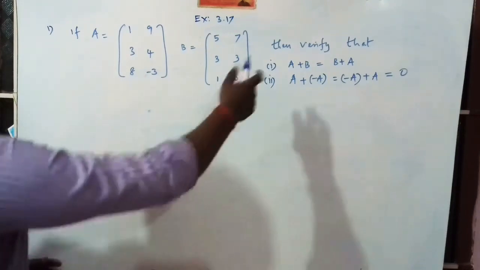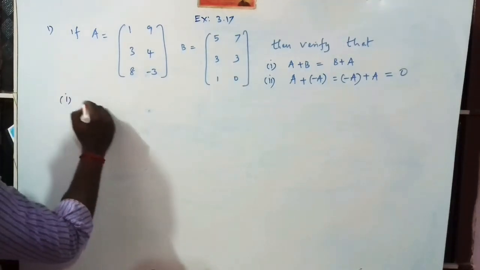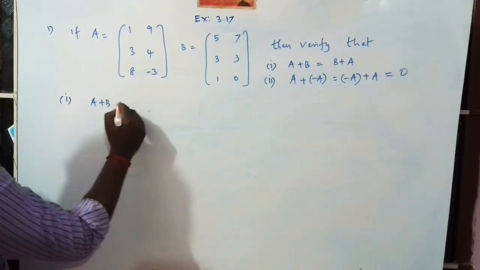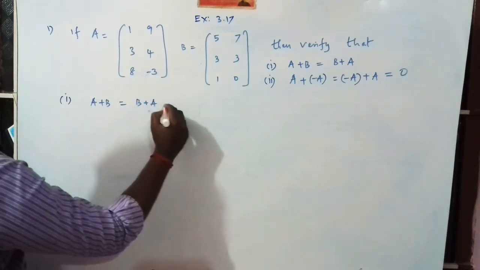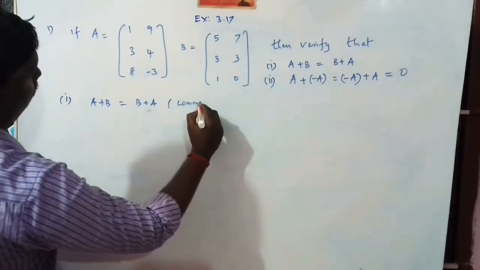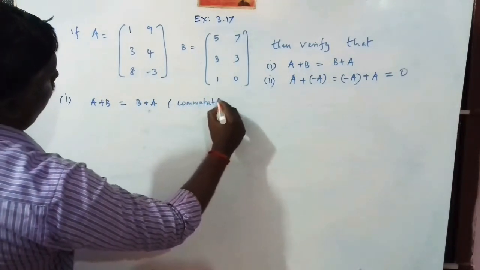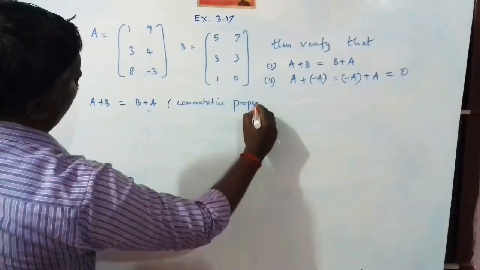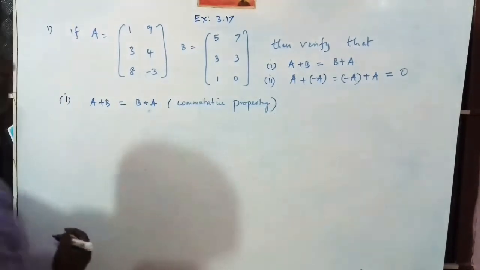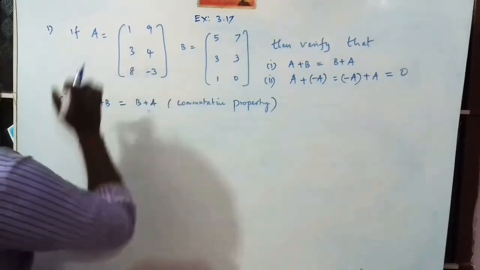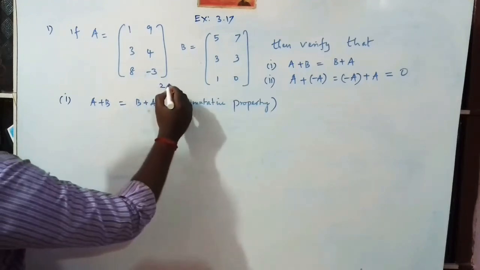Now the first condition: A plus B equal to B plus A is the commutative property. Now check the order of matrix A. What is the order?